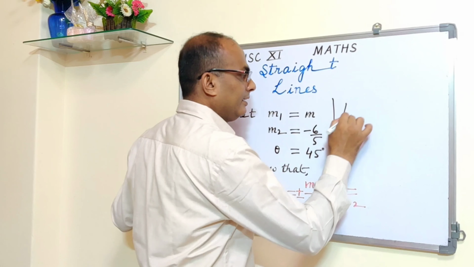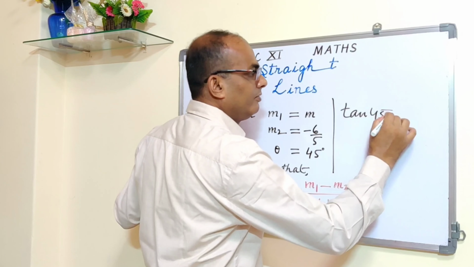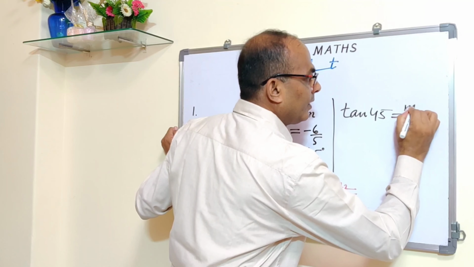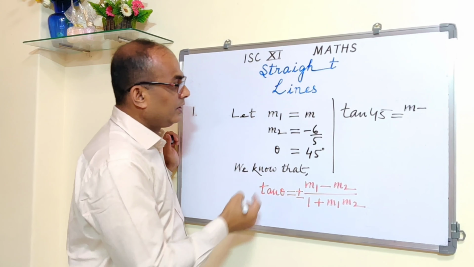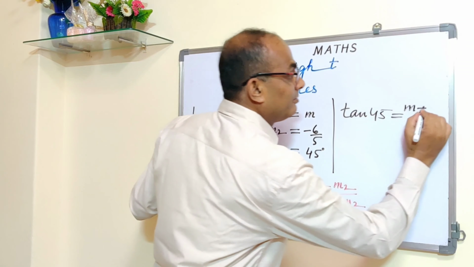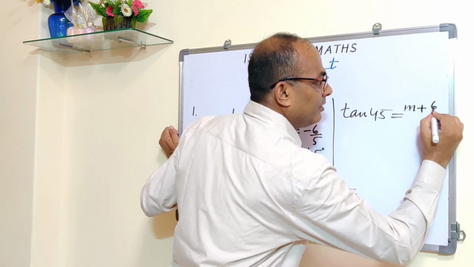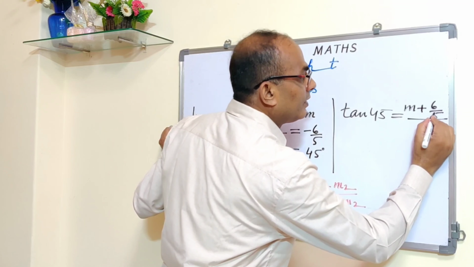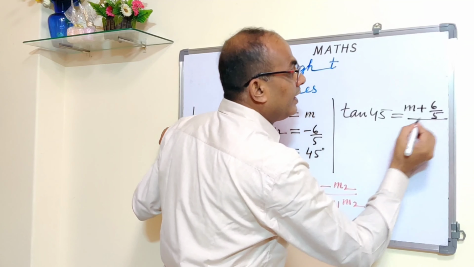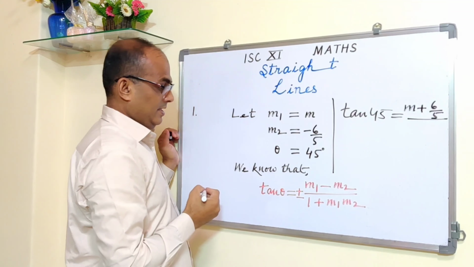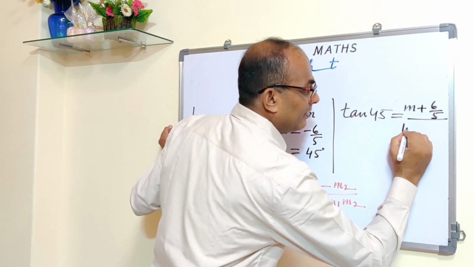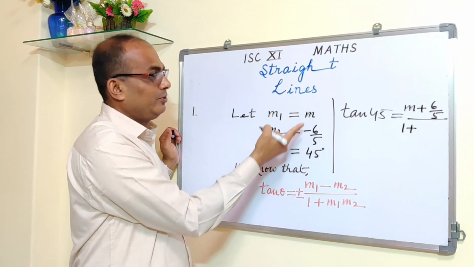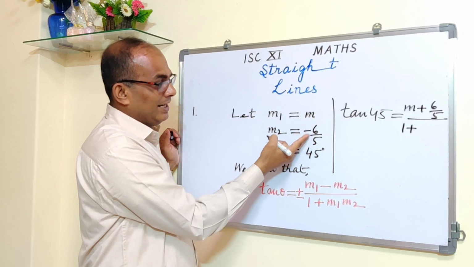So tan 45 is equal to m1, which is m, minus m2. m2 is already minus, so that becomes plus 6 upon 5, upon 1 plus m1 m2, which is m into minus 6 upon 5.